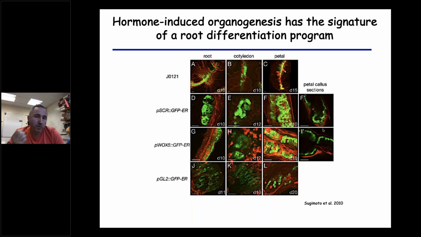And this was a beautiful experiment that they designed using different GFP markers. And these markers are specifically expressed in roots. But independently of the explant that they were using, when hormones were applied to induce these somatic structures, these callus, this led to an ectopic activation of these markers in these tissues.